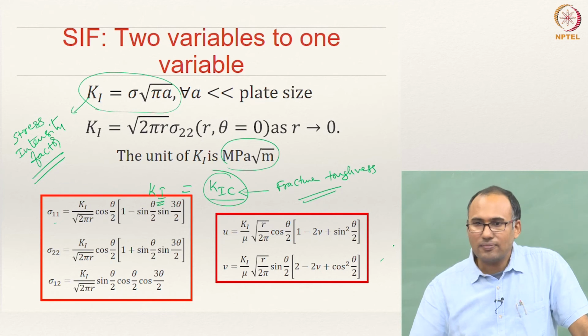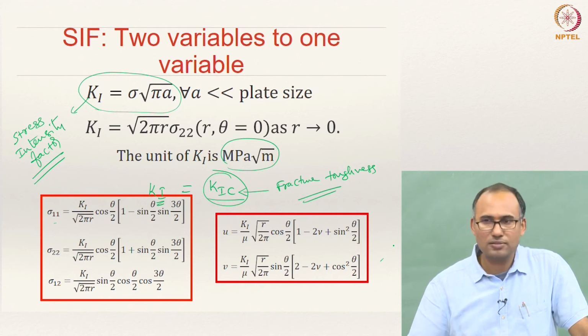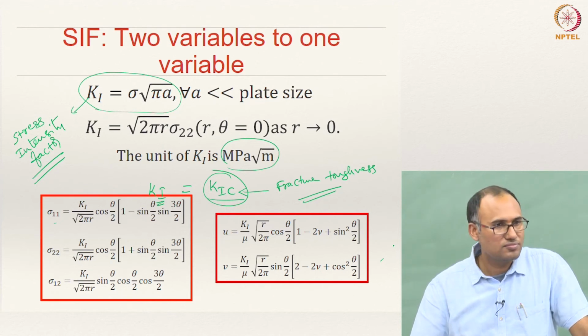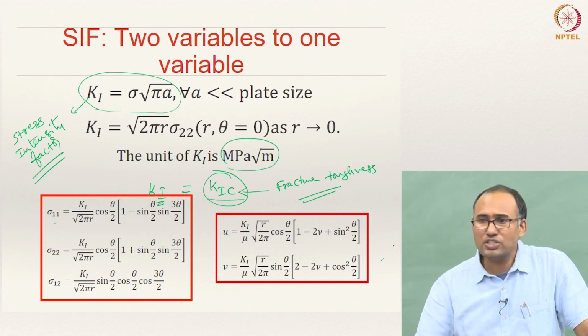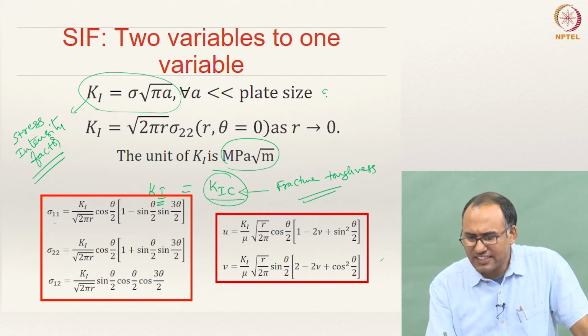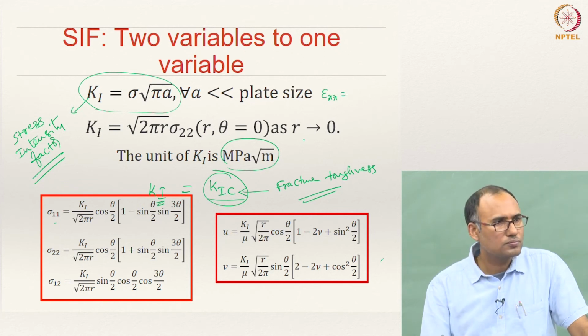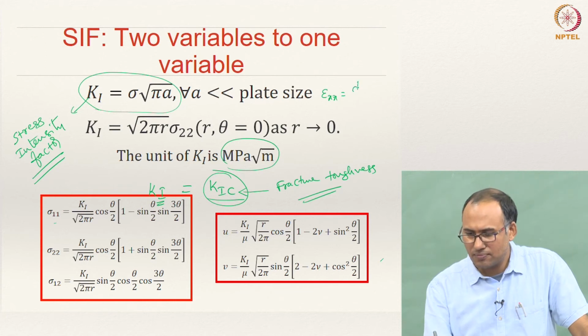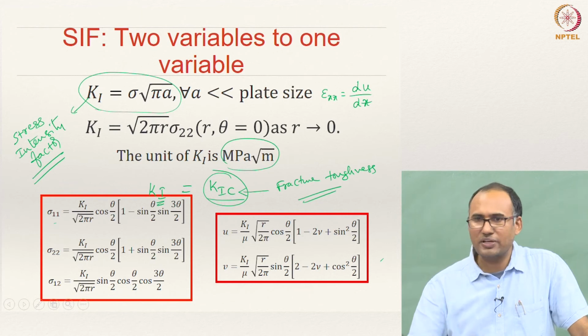By knowing strains, if you integrate strains, what will you get? What is strain? How do you define epsilon xx? For small strains, it is one dimensional, epsilon xx equals du by dx, where u is the displacement in the x direction, right?